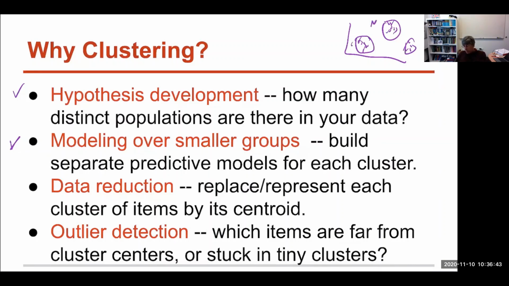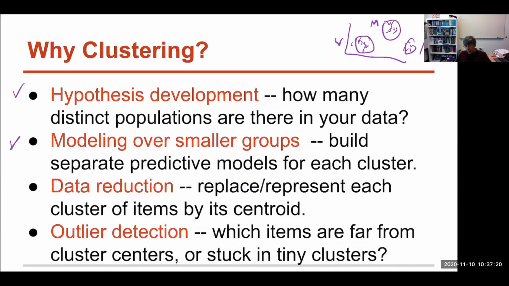Maybe there's men, women, and Martians. And you might want to build a different model on each group. Maybe building a different regression model on the elements of each group will be more revealing than building a regression model while ignoring the group ID. So breaking them into smaller groups enables us to model each group differently, and that's a powerful thing.